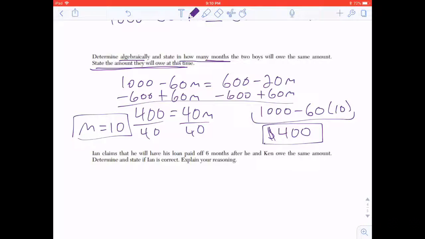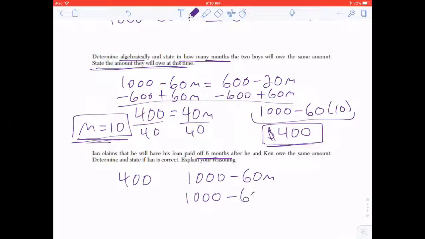Ian claims that he'll pay off his loan 6 months after he and Ken owe the same amount. So they owe $400. Determine and state if Ian is correct. Well, if I were to continue using the same expression, after 10 months they owed the same amount, and 6 more months, I could plug 16 in for M. In which case, if I plug this into my calculator, I get 40.